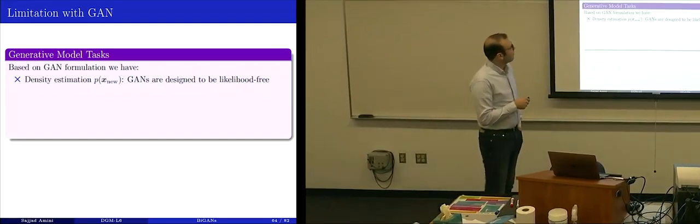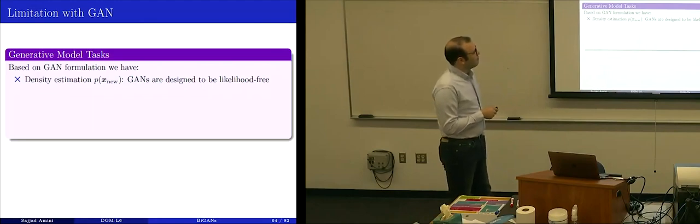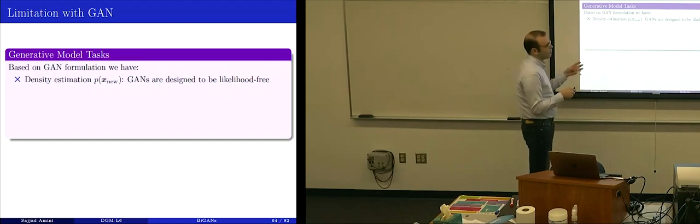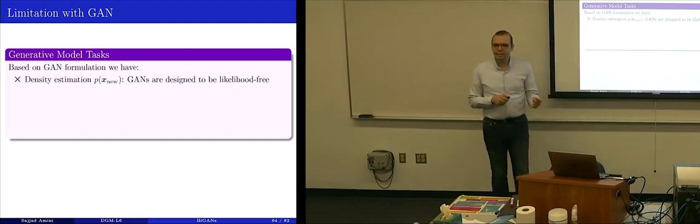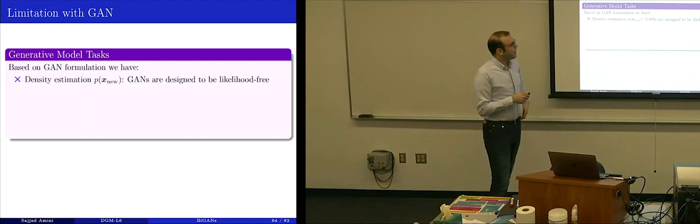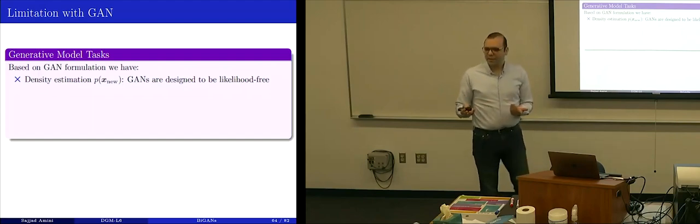We know that the GANs miss the density estimation task. We have three different tasks at the start of the course: density estimation, generation, and latent variable representation. We know that the GANs do not support density estimation because they are likelihood free.